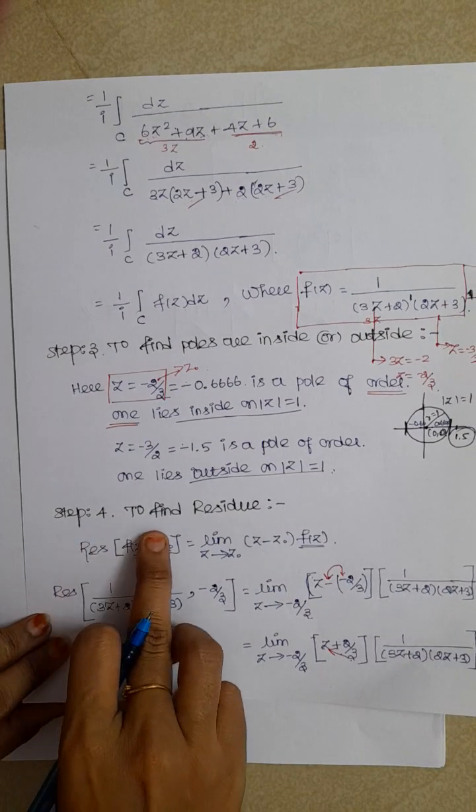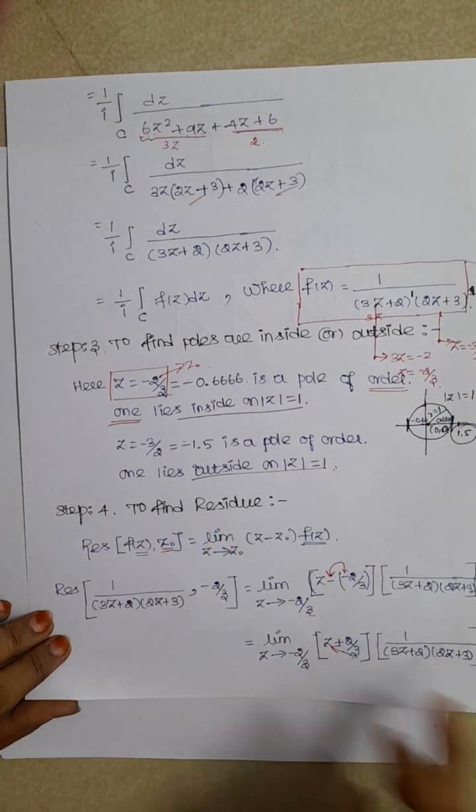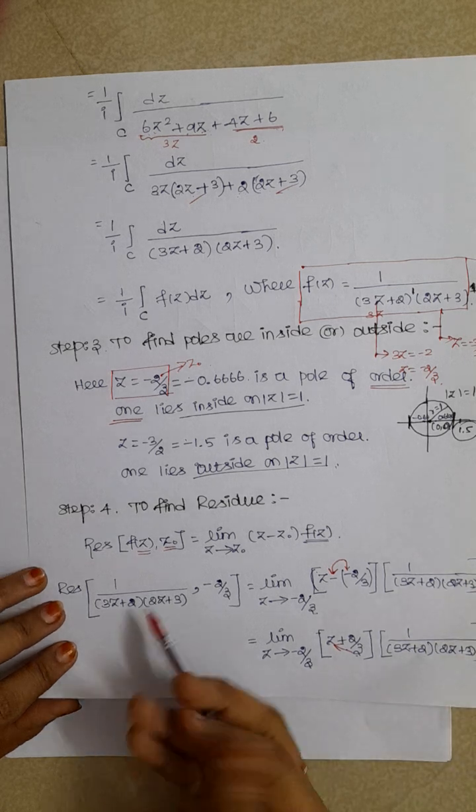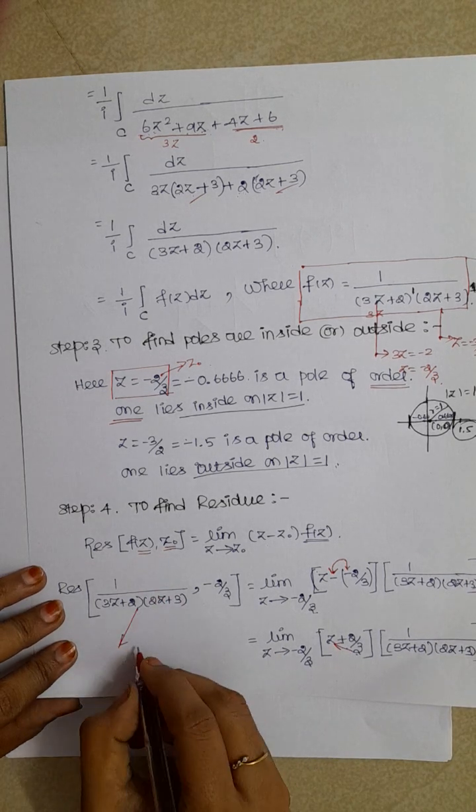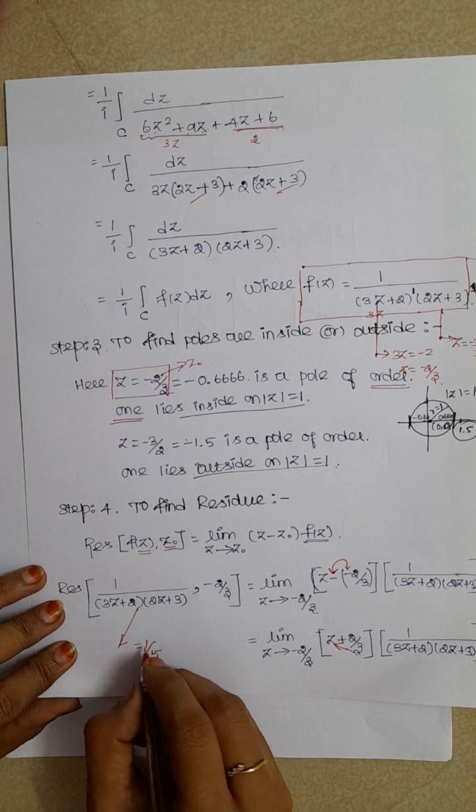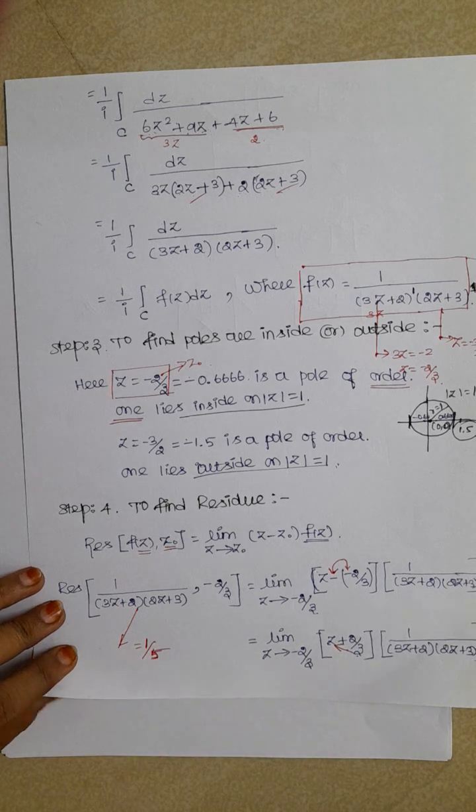So this step is over. Step number 4, to find the residue: residue value is equal to 1 by 5. Okay, so next is step number 5.